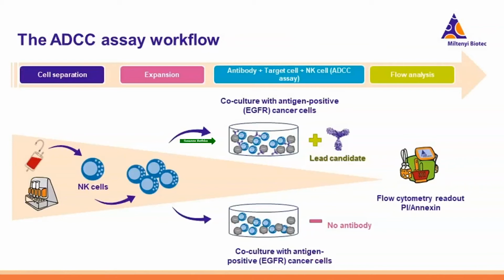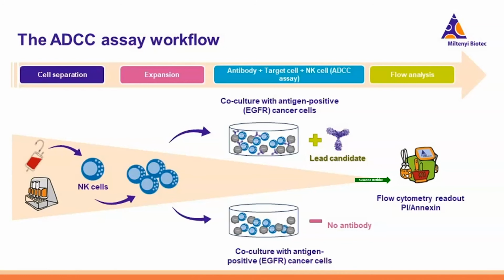But you also do the same without the antibodies to be able to compare it: where is killing happening and where not? Then afterwards, you have the readout with flow cytometry and check for annexin or PI to really see where the killing is happening.